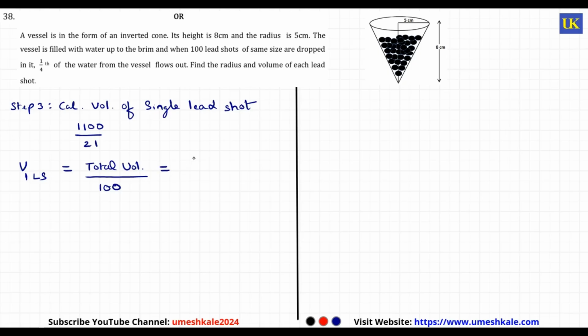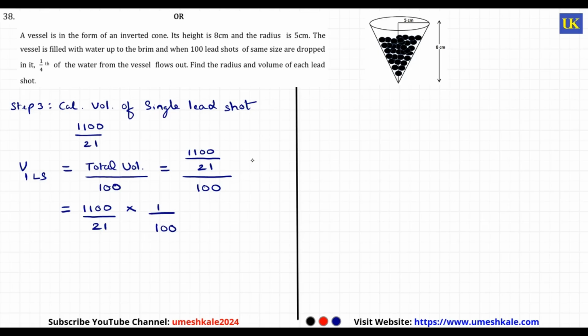Then, for that, 1100 divided by 21 divided by 100 we need to do. Because this volume is for all the 100 lead shots. So divided by 100 if we do, we will get the volume for one lead shot. So 1100 divided by 21 into 1 upon 100.